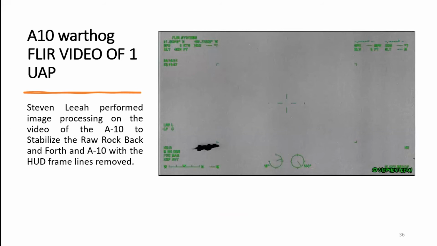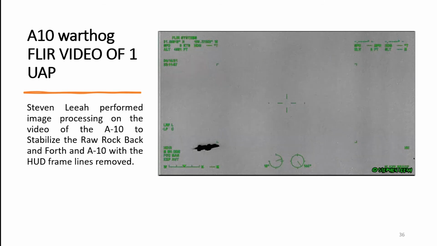Now, Steve, the image analyst, had to do processing on the video of the A10 UAP to stabilize the raw rock back and forth, and the A10 with the HUD display frames removed.